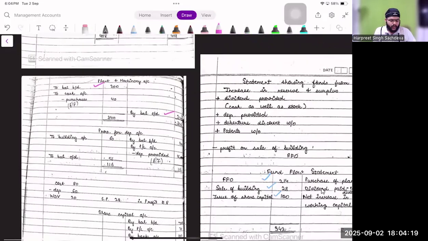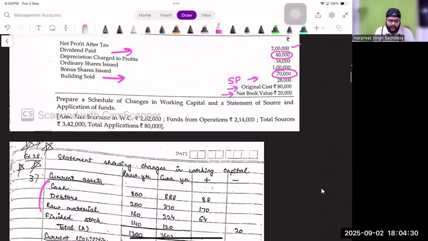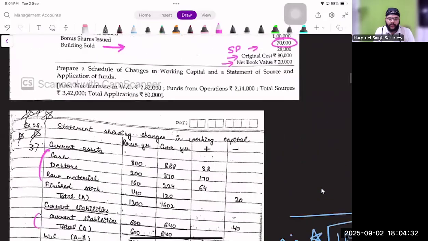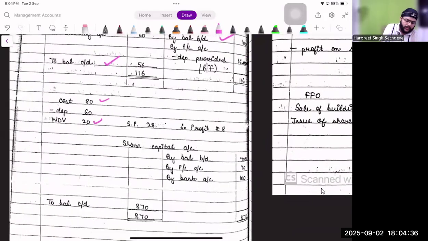ठीक है राजा, सो बिल्डिंग दा कॉस्ट चेक करो कितना गिवन आ। ਹੁਣ ਇਸ ਲਈ ਤੁਸੀਂ ਬਿਲਡਿੰਗ ਦਾ ਪ੍ਰੋਵੀਜ਼ਨ ਫਾਰ ਡੈਪਰੀਸੀਏਸ਼ਨ ਦਾ ਓਪਨਿੰਗ ਕਲੋਜ਼ਿੰਗ ਵੀ ਪੋਸਟ ਕਰ ਲੋਗੇ ਰਾਜਾ। Cost was given 80,000, net book value WDV is 20,000, means depreciation accumulated was 60,000, selling price is given 28 and the profit will be 8,000.